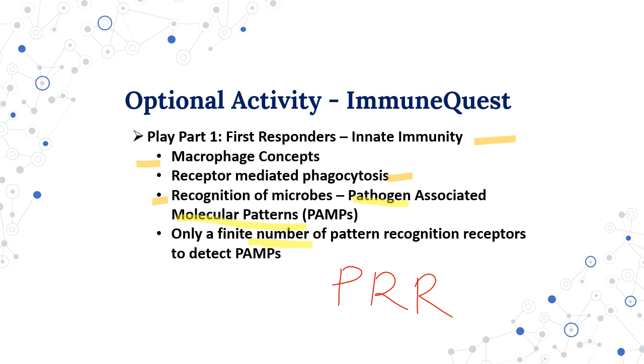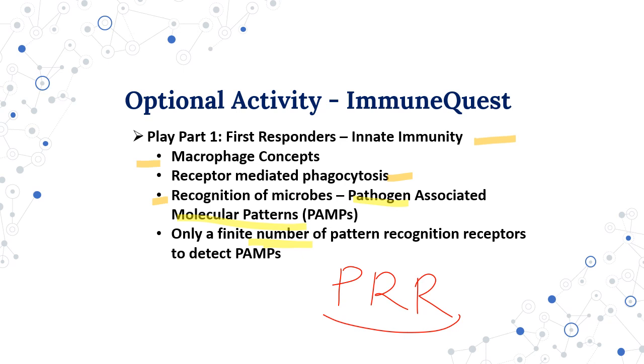So you have a certain number of these patterns, and you can imagine what these receptors are. These receptors are made up of proteins. Okay, and how do you get proteins? Everybody took cell bio? Transcription and translation. So in order to get transcription and translation, you have to have the genes encoded in the DNA, right?